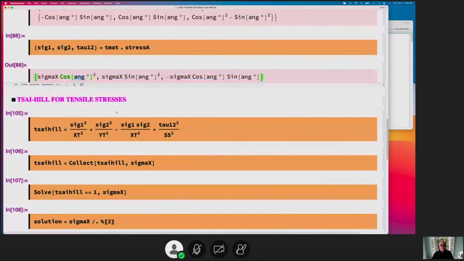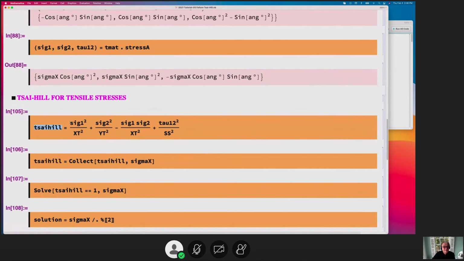Now, if I define my psi Hill, it says sigma 1 squared divided by XT, sigma 2 squared divided by YT, minus sigma 1 sigma 2 over XT. Basically, this is psi Hill. I did not put any text in this tutorial.